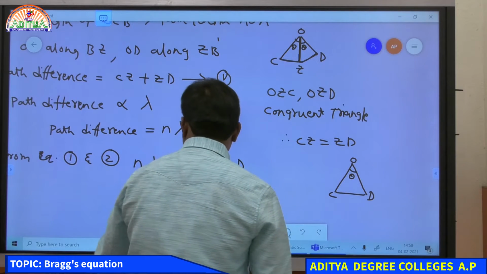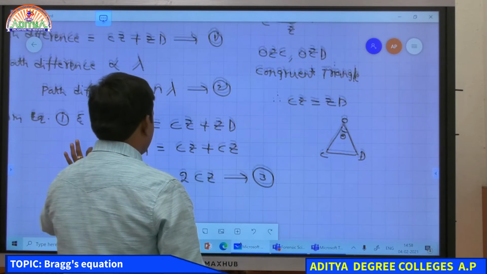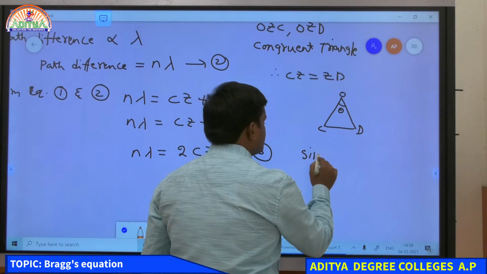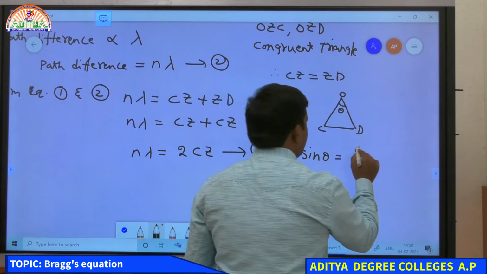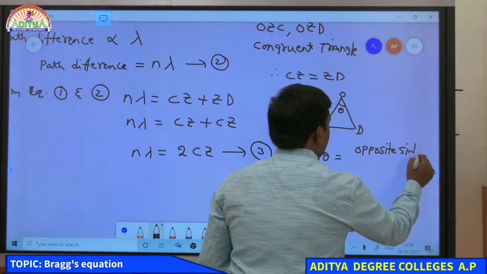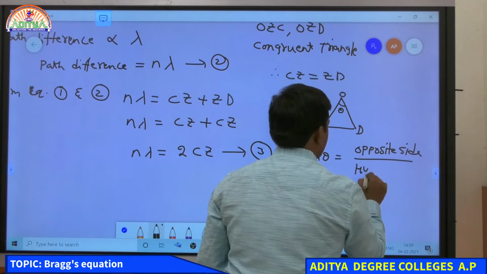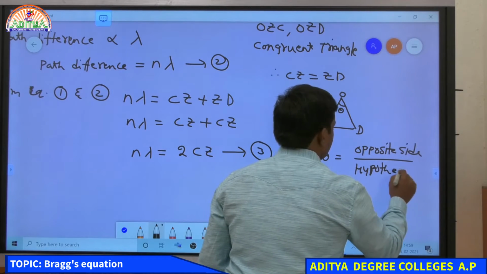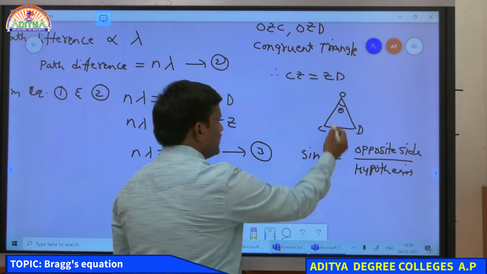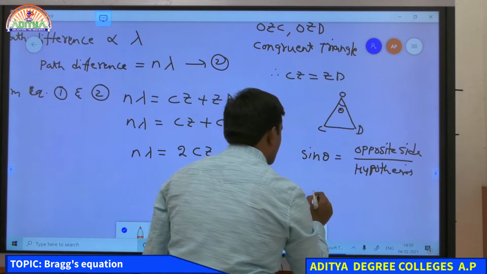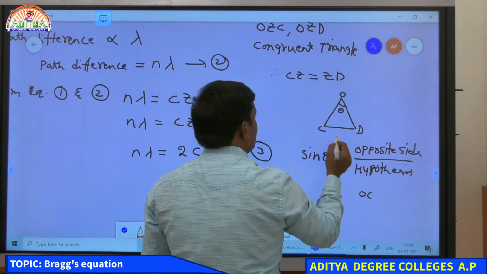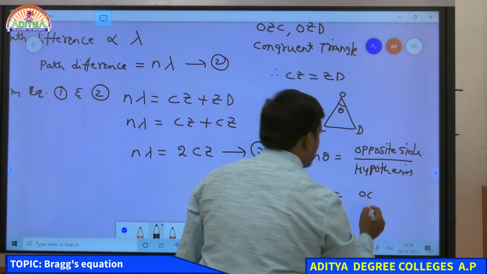Now apply the sin theta formula for that triangle. What is the sin theta formula? Sin theta is equal to opposite side by hypotenuse. The opposite side here is OC, and the hypotenuse is OD.